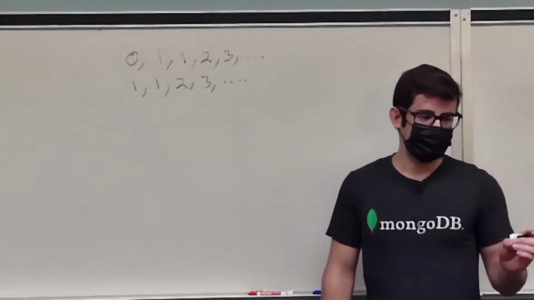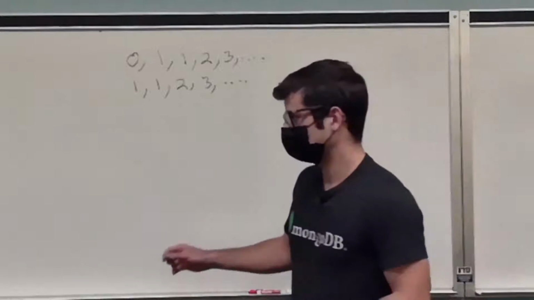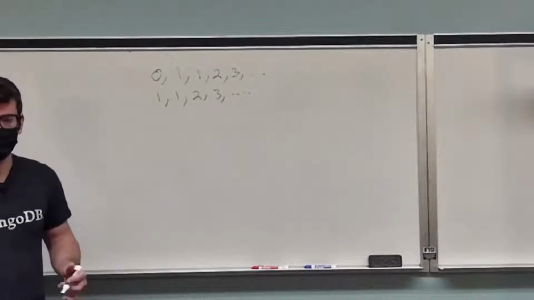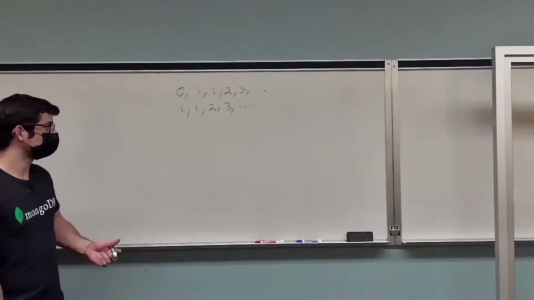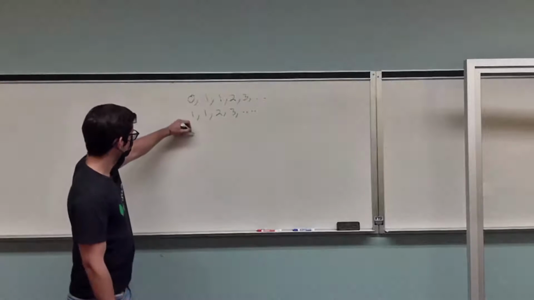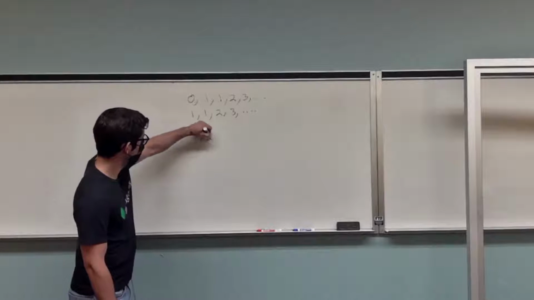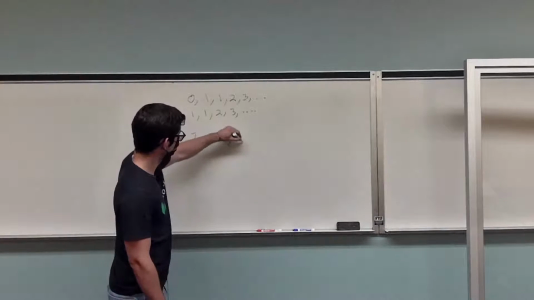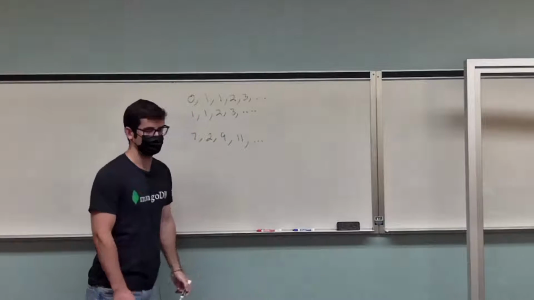But our problem is a little bit unique. First off, because he did mention this as well, we could generalize this. It doesn't always have to start off at 0, 1, or 1, 1. It can start off at any number you want. It could start off at 7, and then 2, and then you can just add the last two. It'd be 9, then 11, and so on and so forth.